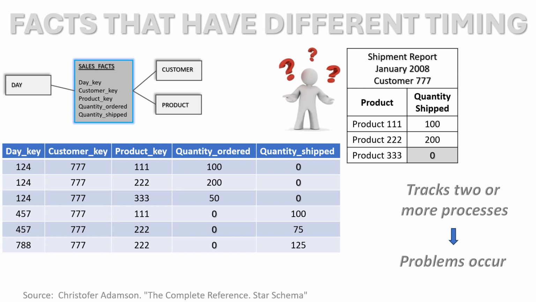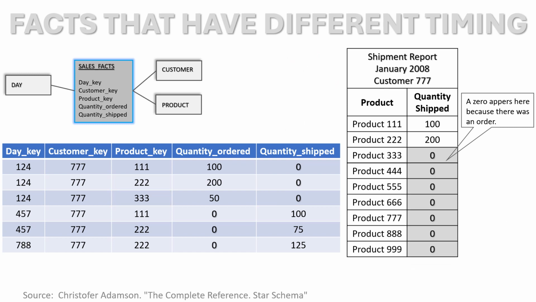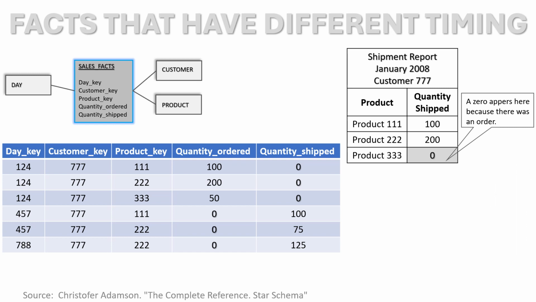In this case, the process being examined is shipments, and the problem is evident in the final row of the report. Although product 333 has not shipped during the report period, it appears on the report with a quantity shipped of 0. A typical report might be much larger, containing numerous zeros scattered throughout.